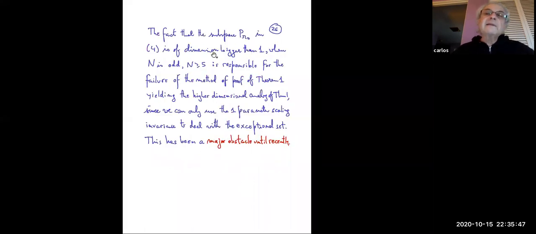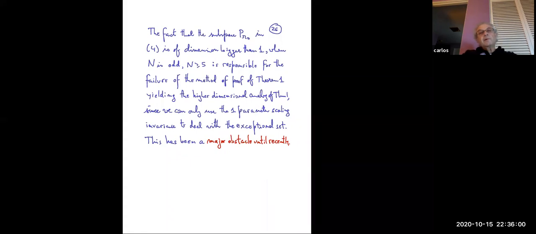The fact that this subspace P sub R naught is of dimension bigger than 1, when n is odd, but the dimension is bigger than or equal to 5, is responsible for the fact that the method of the proof of theorem 1, which was a 3-dimensional result, cannot be carried out.